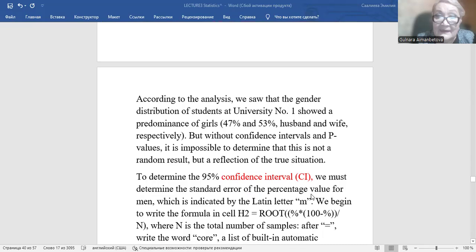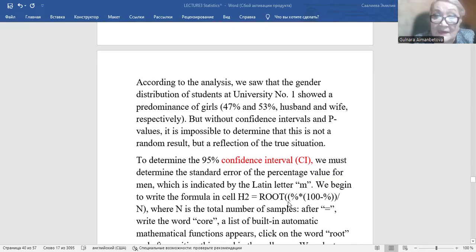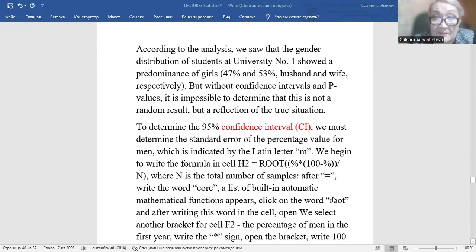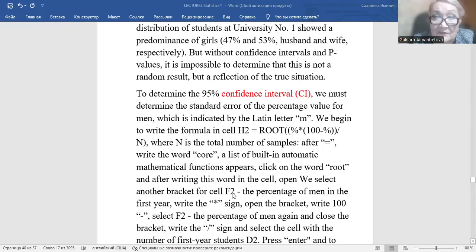To determine the 95% confidence interval, CI, we must determine the standard error of the percentage value for men, which is indicated by the Latin letter m. We begin to write the formula in cell H2: root of percentage times (100 minus percentage) divided by n, where n is the total number of samples. After equal write the word root. A list of built-in automatic mathematical functions appears.